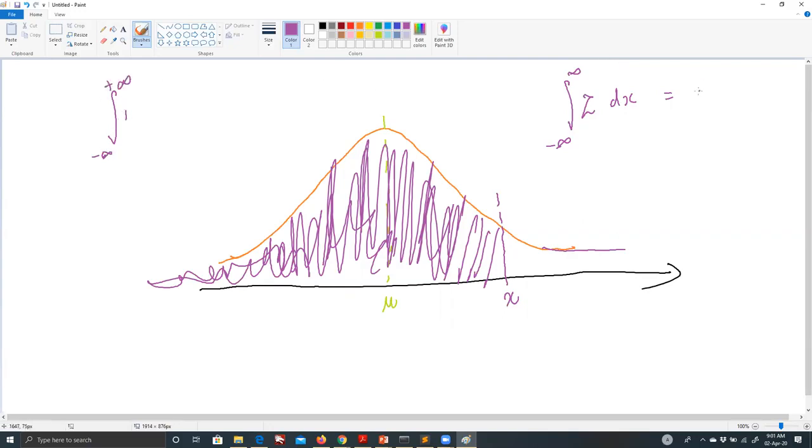Very good. So the whole thing will be mentioned as 1. What it means is that if you go from negative infinity till positive infinity, you get 1, or basically 100% of the population. Agree?